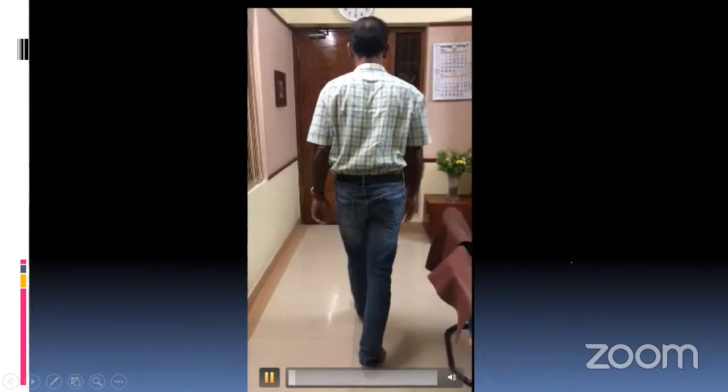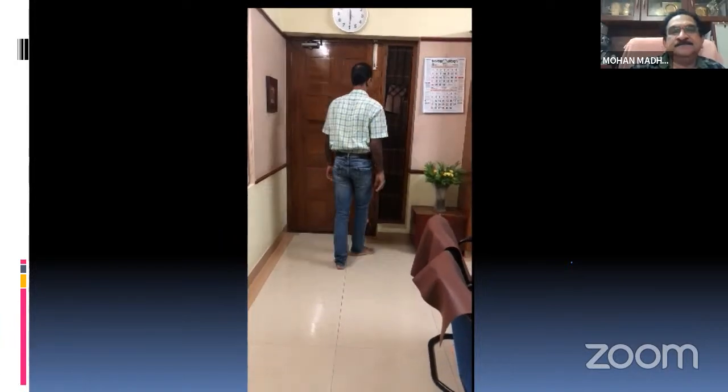Look at the gait of the patient. A normal gait.